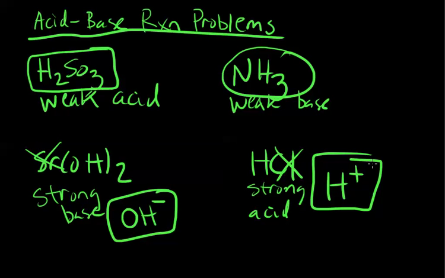So really, for weak acids and for weak bases, their molecules exist in the chemical reaction. For strong bases and for strong acids, they're going to exist as either the hydrogen ions or the hydroxide ions in these problems. That's what's going to be reacting.